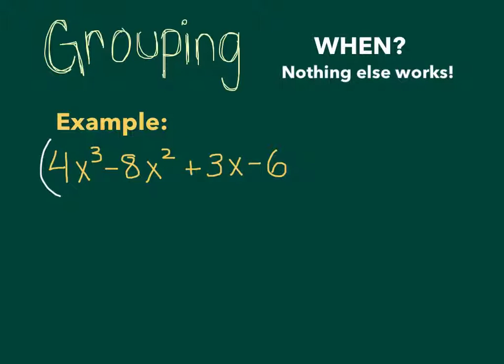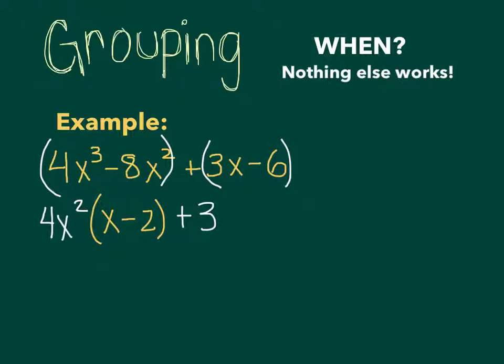Put the first two in parentheses and then the second two in parentheses. From the first group, I'm going to take out 4x squared, and then I'm left with just x minus 2. In the second group, I'm going to take out a 3, and I'm again just left with x minus 2.